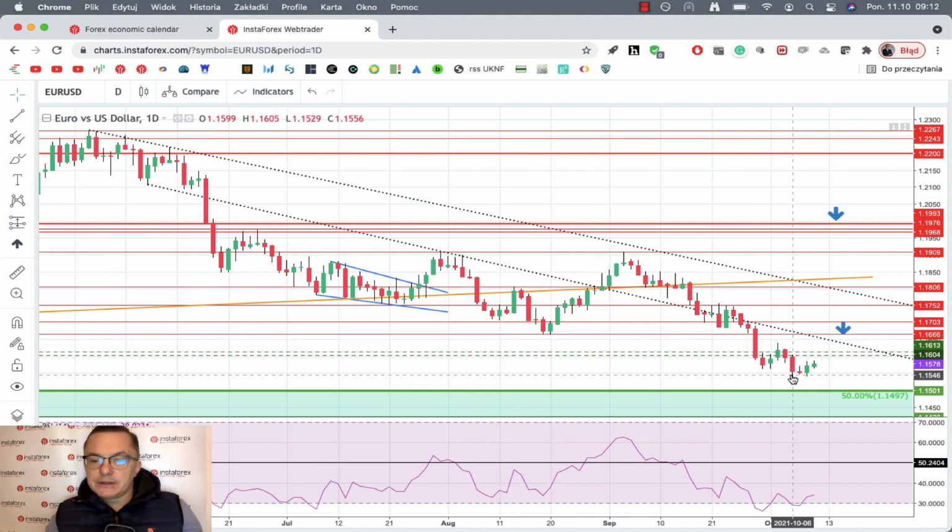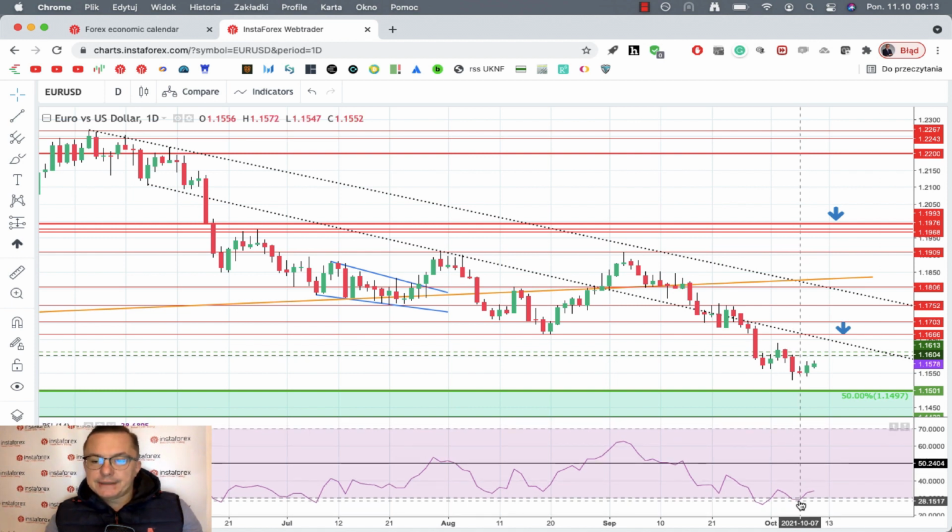We have a new low, 1.1529, but this low on the RSI is not a new low. It's a little bit higher. That means we are making a bullish divergence, or as someone might call it, a positive divergence between the price and the RSI indicator, which means we might be doing some sort of a pullback, right?